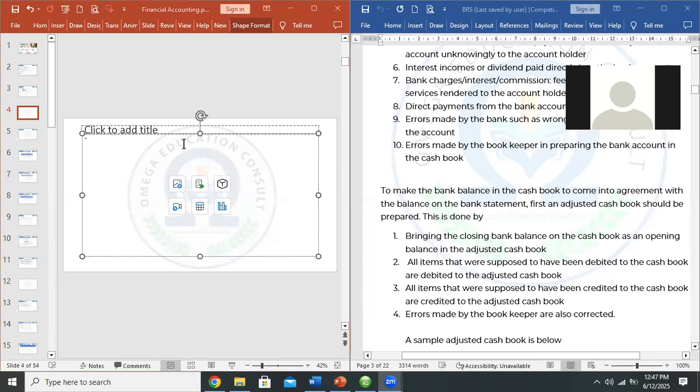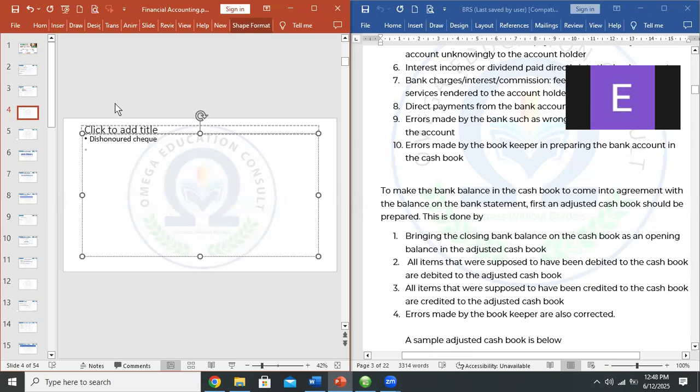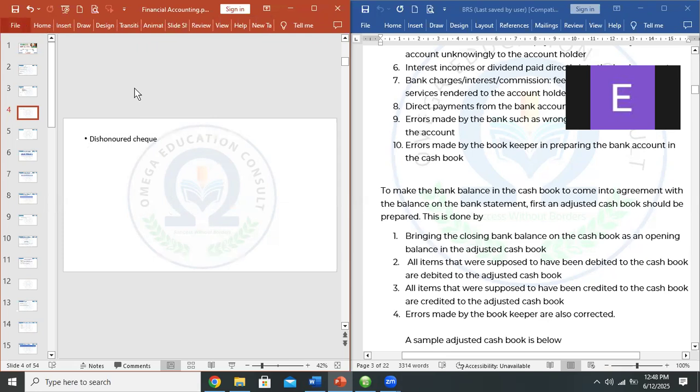So we have dishonored check. Okay. So I see dishonored check. It's one of them. From this dishonored check, what else? Prof. Delade, if your microphone is working, you can unmute and tell me some of the causes.